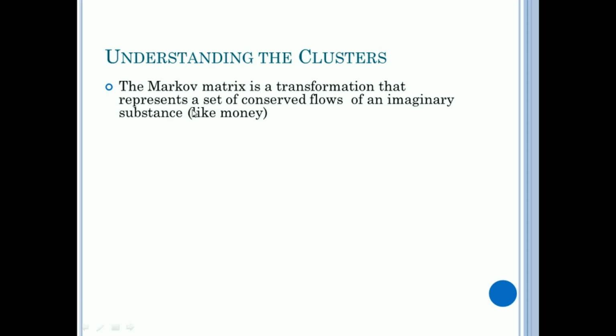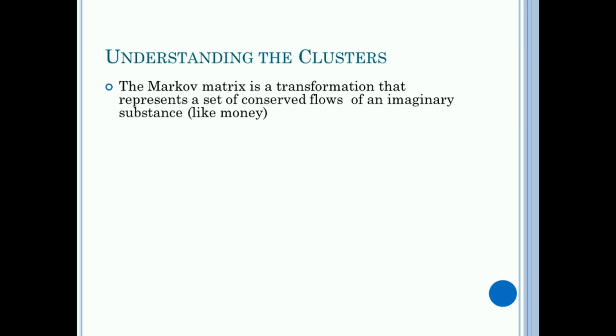Now, how do we understand the clusters? Well, the Markov matrix is a transformation that represents a set of conserved flows of an imaginary substance. It could be like money, or it could be something else. It's imaginary, and that's because it leaves the sum of the components of any vector constant. The rotation, you'll recall, leaves the sum of the squares of the elements constant.